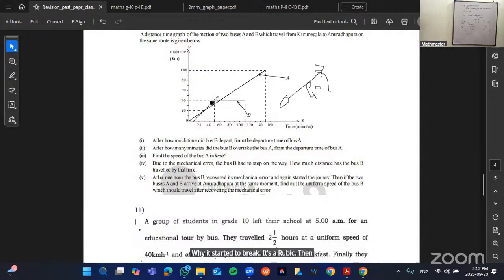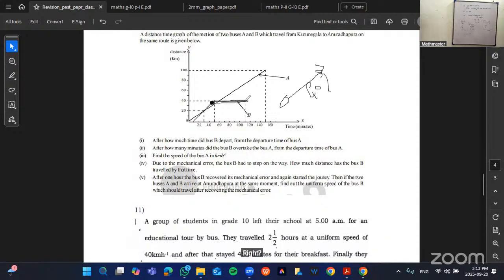Then it stayed in that braking condition for 1 hour. Now the time is 50 minutes. From 50 minutes, it stayed another 1 hour, meaning 60 minutes, right? So it stayed in the same place, it hasn't gone forward. Then the distance moved will not change.